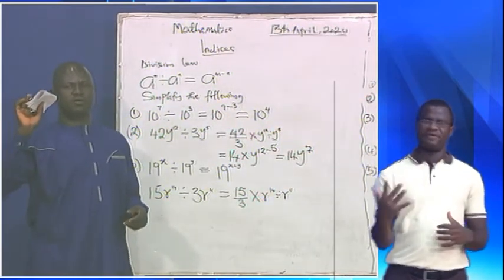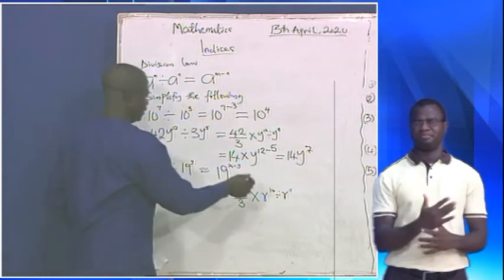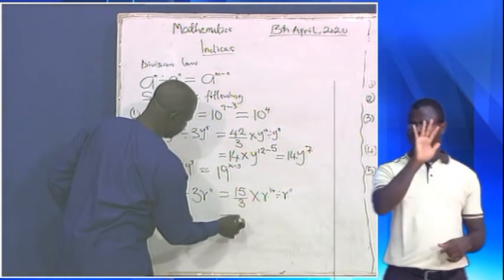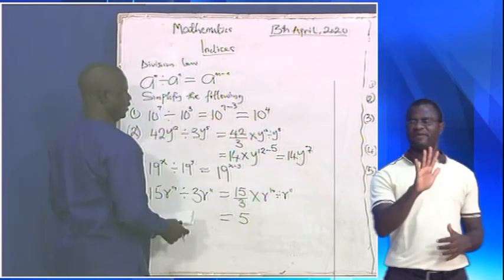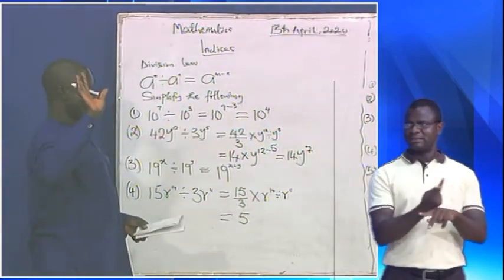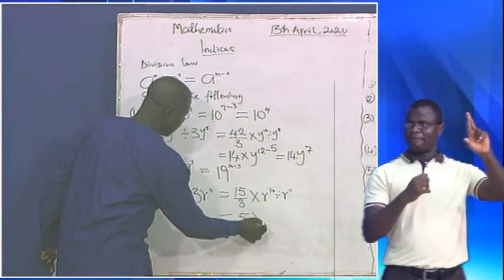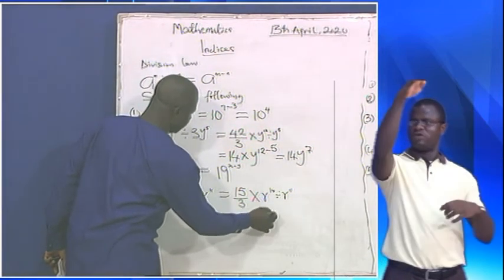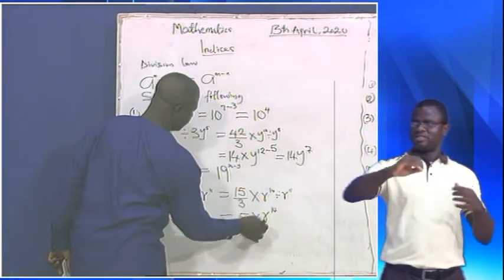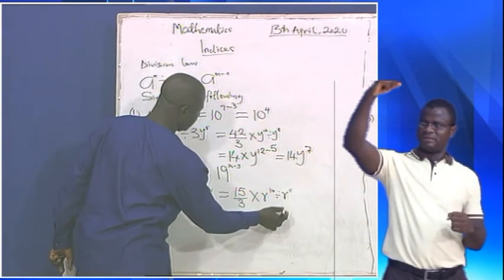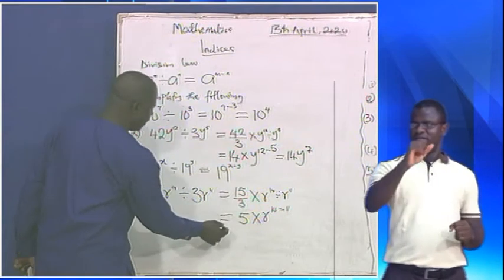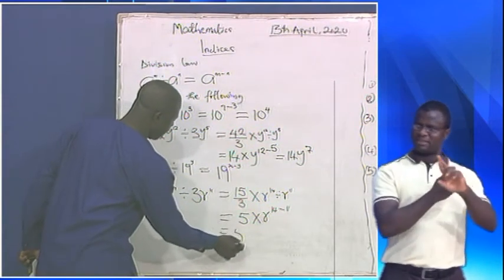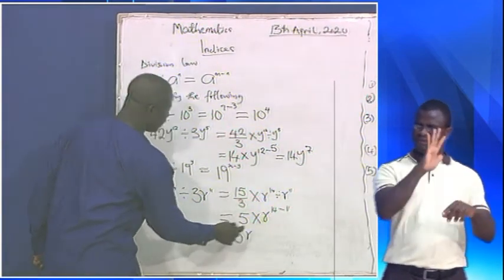Each of them will get 5. Then multiply by r raised to power of 14 minus 11. At the end of the day, we'll end up having 5r.